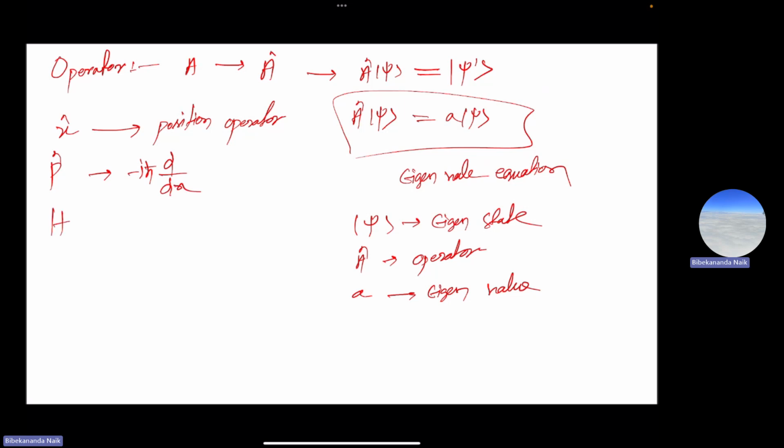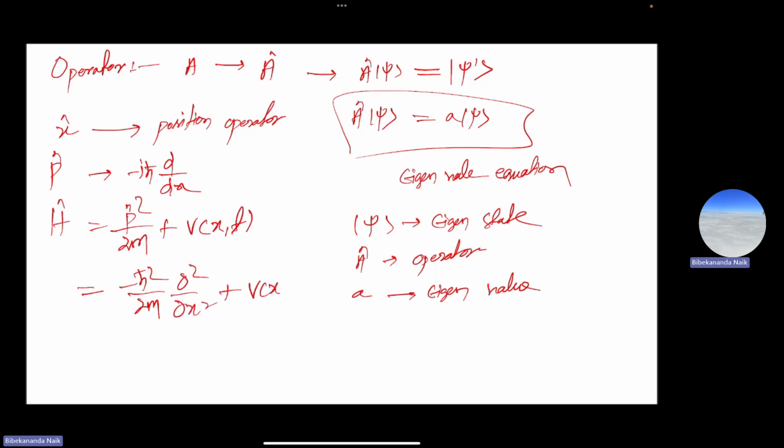For operators like the Hamiltonian operator, we can write p cap square by 2m plus V x, or we can write minus h cross square by 2m del square by del x square plus V x. So this gives momentum, and this gives total energy.